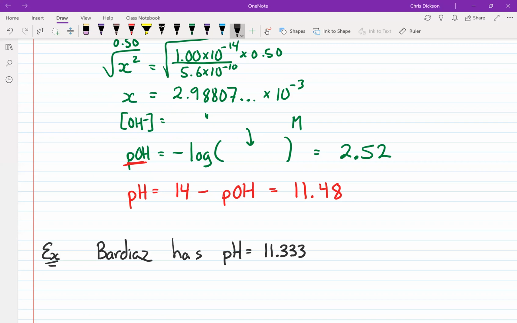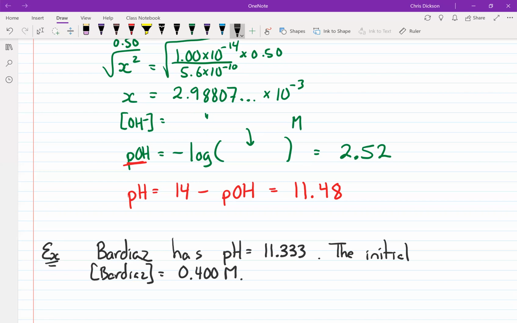And we're going to say that the initial concentration of Bardias is equal to 0.400 molar.